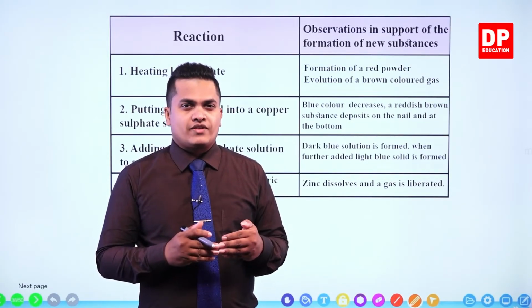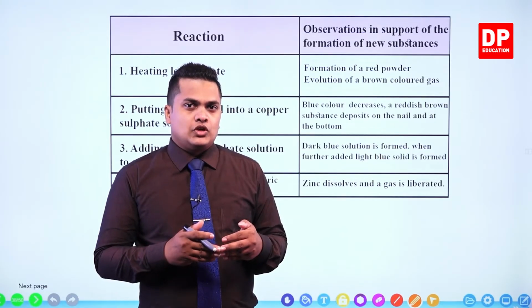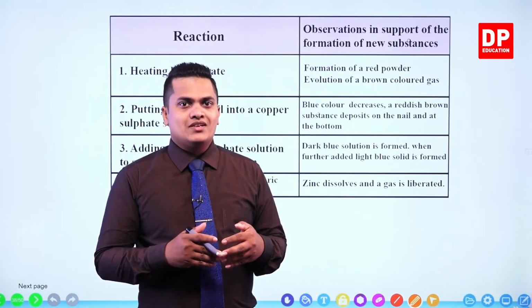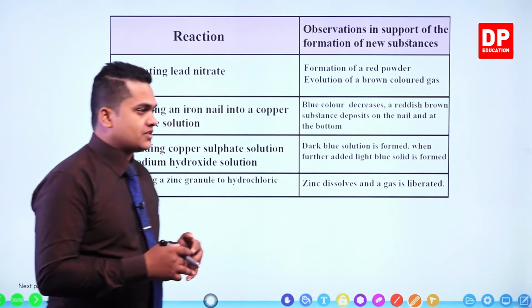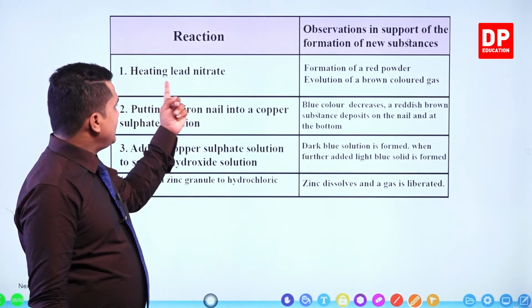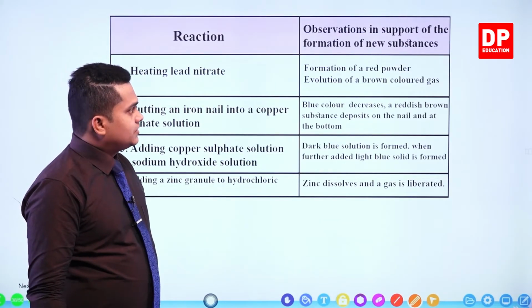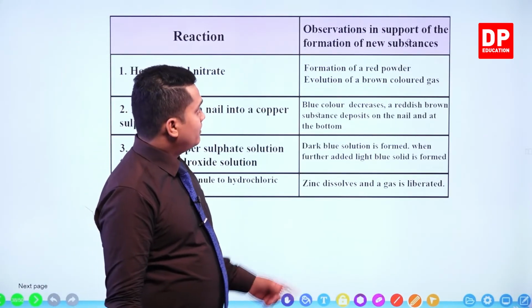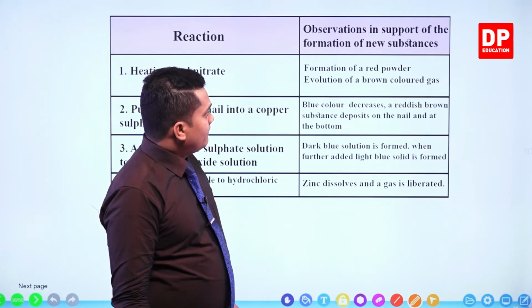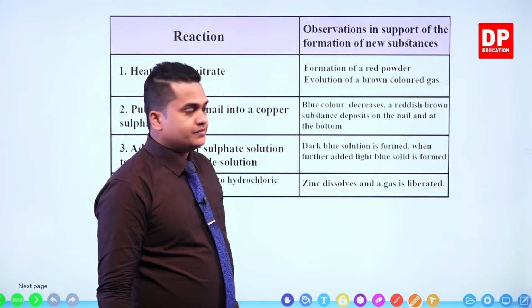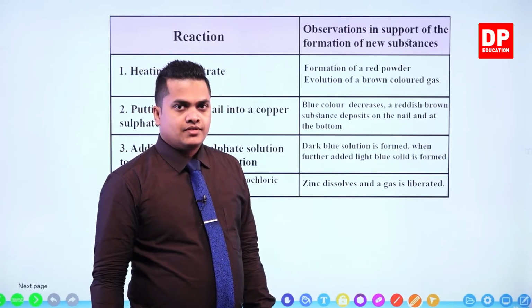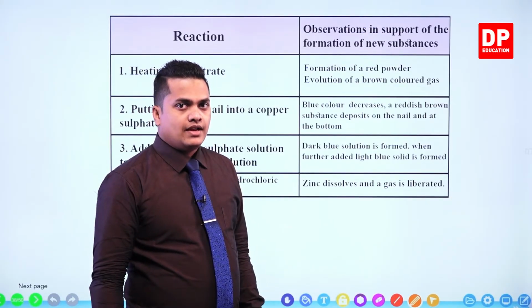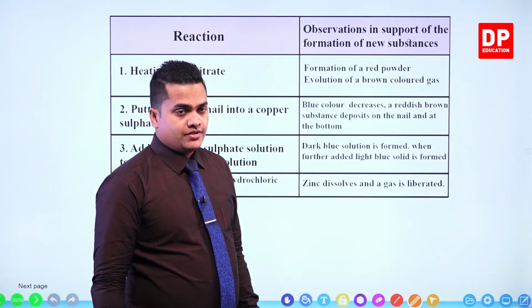So the first one is heating lead nitrate. What are our observations? Formation of a red powder, evolution of a brown colored gas. A red color powder was there and a brown color gas has got emitted, right?